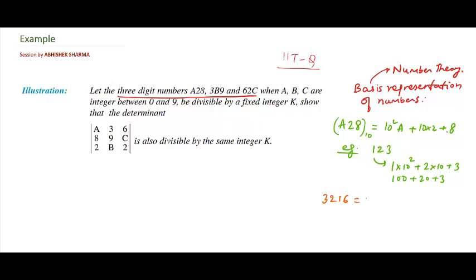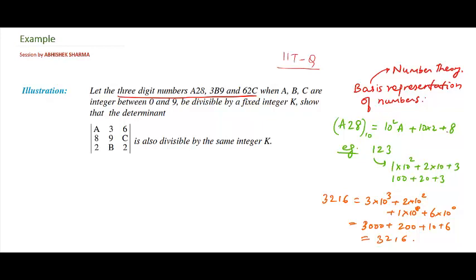So this number is same as 3 into 10 to the power 3 plus 2 into 10 to the power 2 plus 1 into 10 to the power 1 plus 6 into 10 to the power 0, which is same as 3000 plus 200 plus 10 plus 6, and this is in fact equal to 3216. Right, so that's how we represent the numbers in base 10.